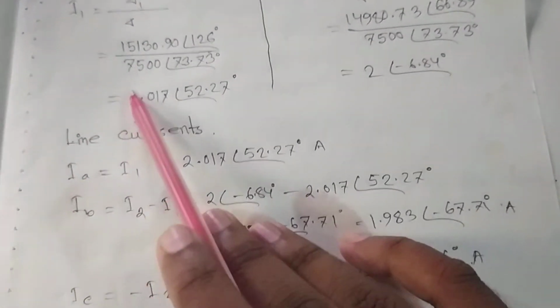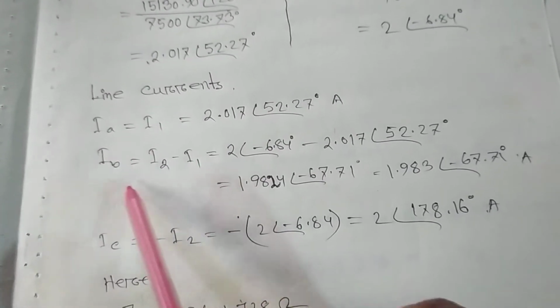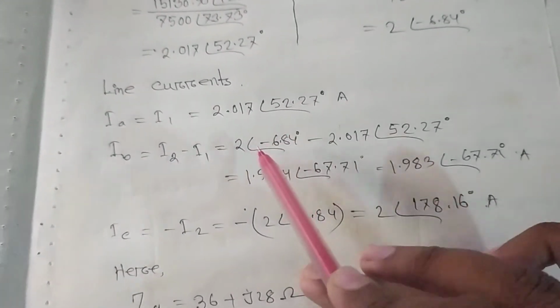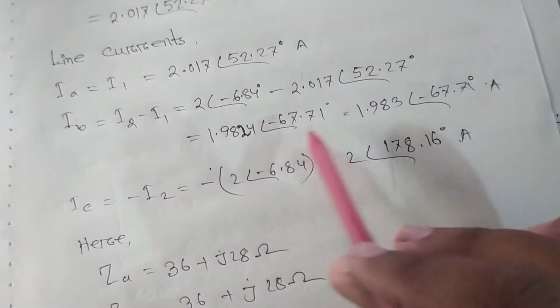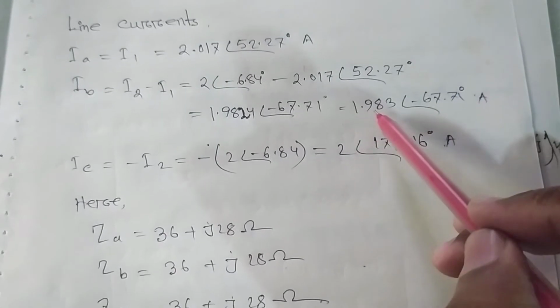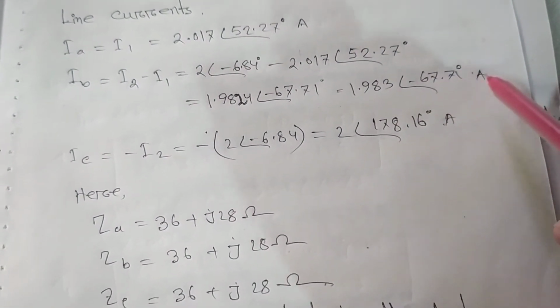Line current IA equal to I1 value, and IB equal to I2 minus I1, with the I2 value and I1 value replaced. Easily calculate IB value is 1.983 angle minus 67.71 degree.